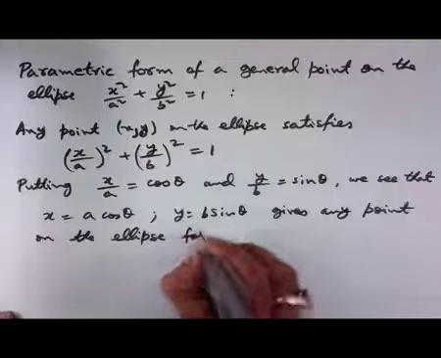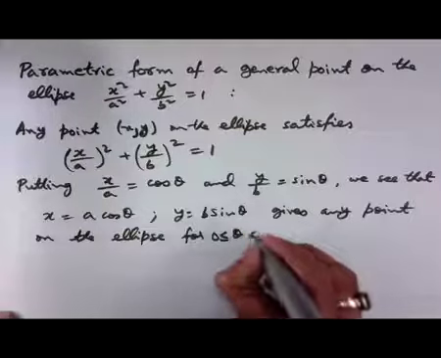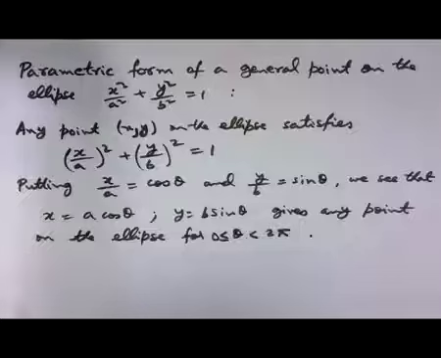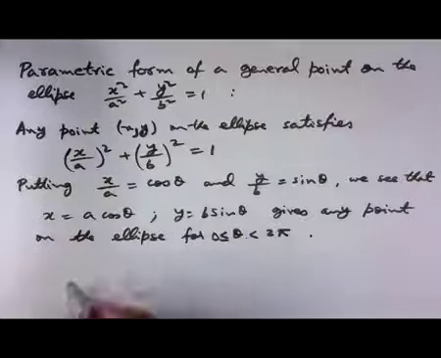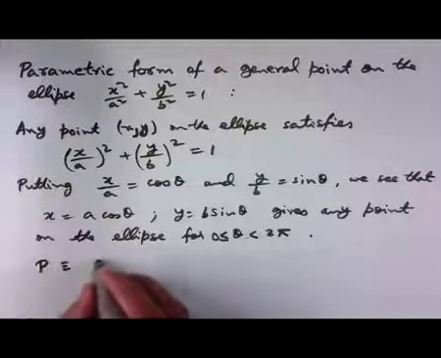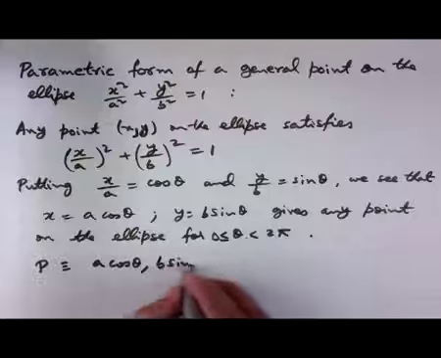For theta we can take between 0 and 2 pi. So, the parametric form we will take as any general point P on the ellipse can be written as a cos theta, b sin theta.